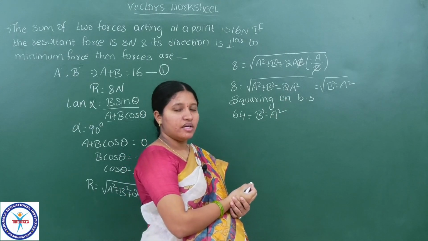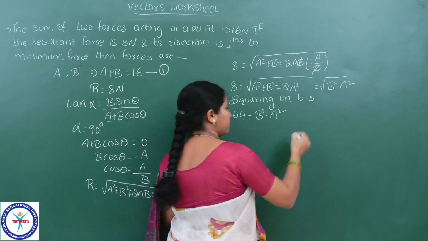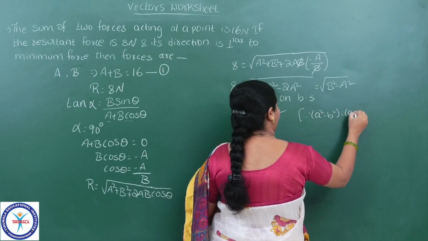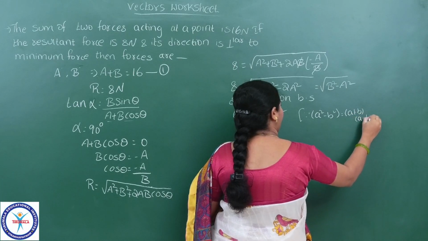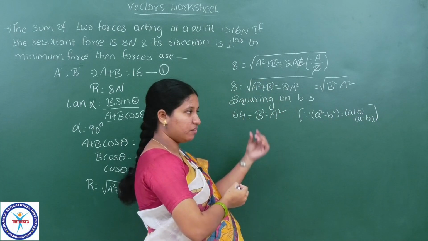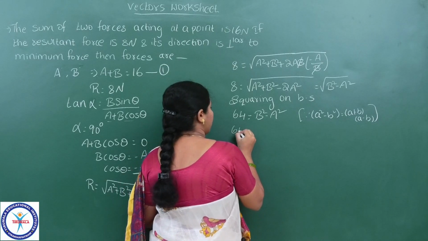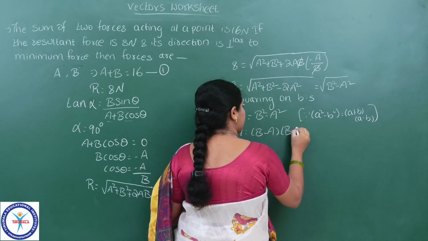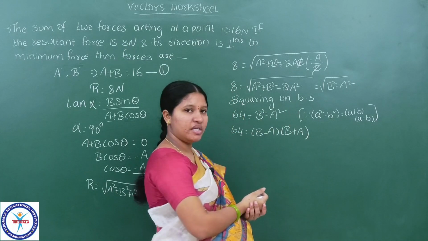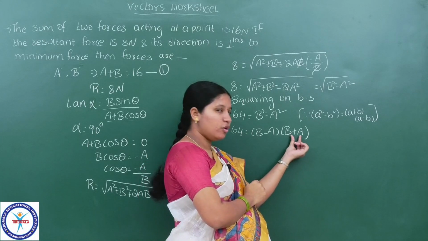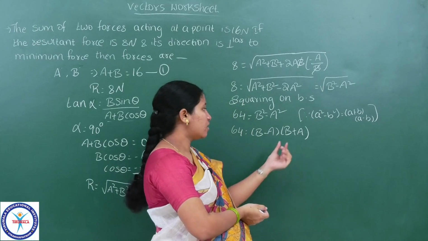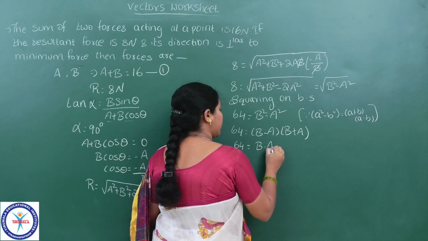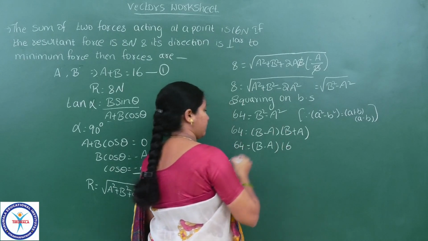So we can write A square minus B square as A plus B into A minus B. So hence rewriting B square minus A square in the formula B minus A into B plus A. From equation 1, we know the value of A plus B, that is 16 newtons. So substitute 16. 64 equal to B minus A into 16.